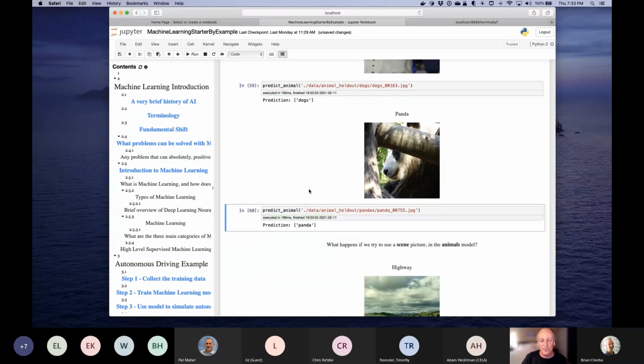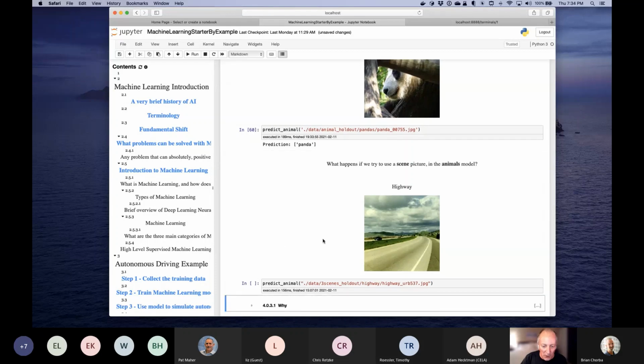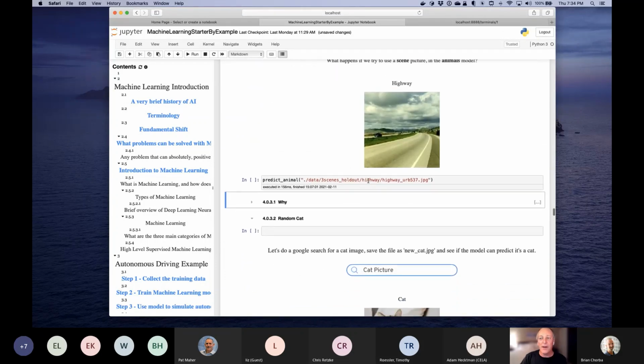But here's my question. What if I send the highway picture into the model that is used to predict animals, the cat, the dog, or the panda? What happens if I put in a highway picture? And this gets to the whole narrow AI. We created a machine learning algorithm that understood how to tell the difference between a cat, dog, and a panda.